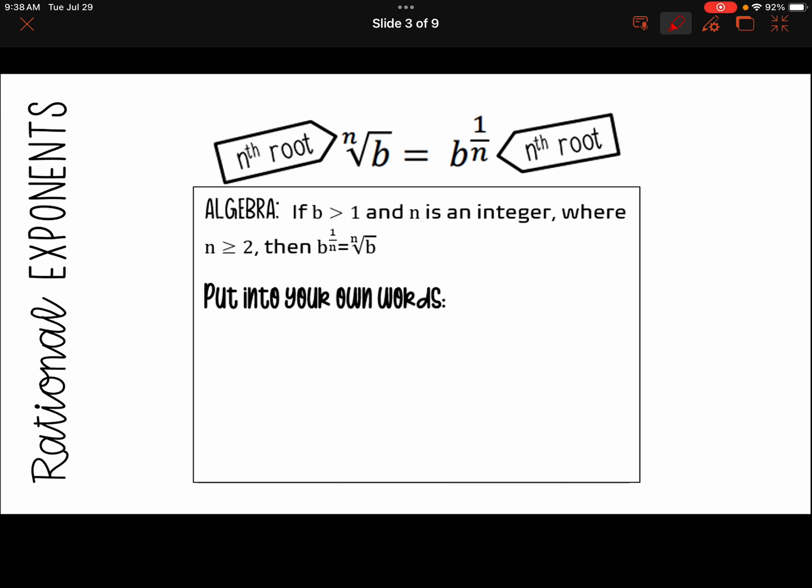And so if the exponent is a fraction, the denominator, this value right here, is telling you the root that we're going to take.